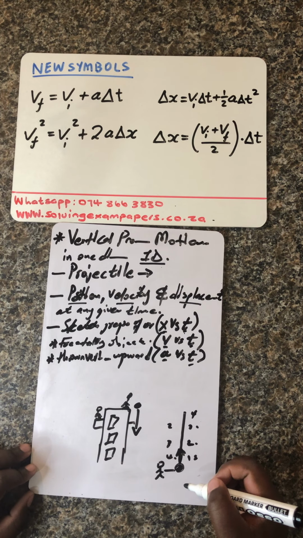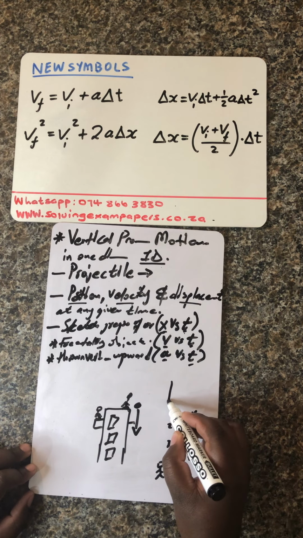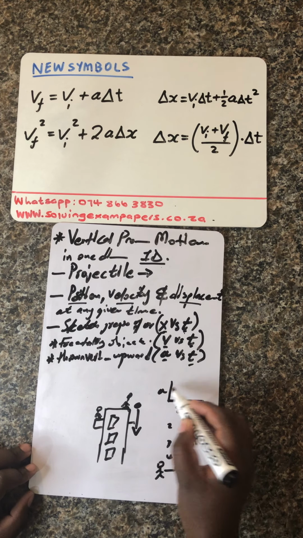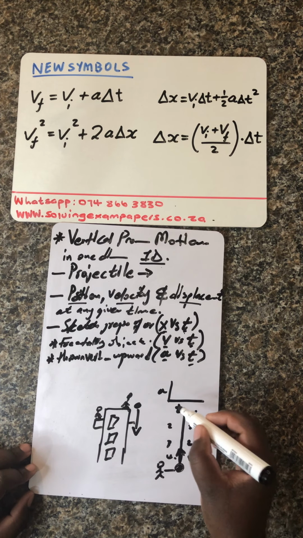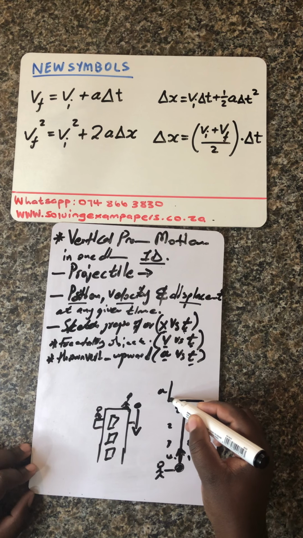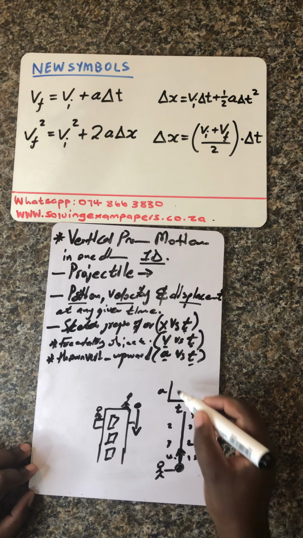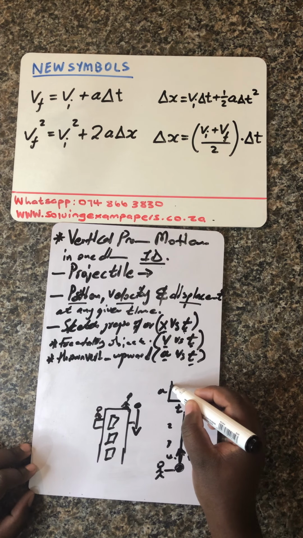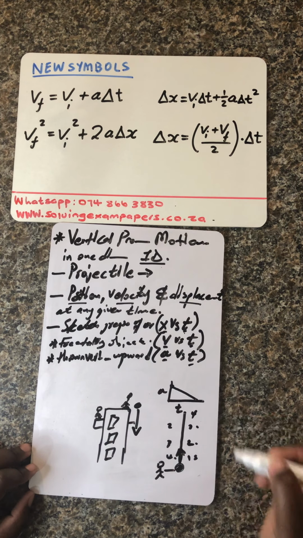So we can sketch a graph of acceleration versus time, where we indicate that as this object is being thrown vertically upwards, maybe its acceleration decreases over time.